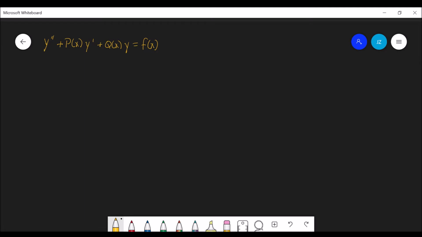Now we can easily find the complementary solution by using the techniques we studied a couple lessons ago. We now need to find a particular solution. So what we'll do is guess that the particular solution will have the form yp is equal to u1 of x times y1 of x plus u2 of x times y2 of x.